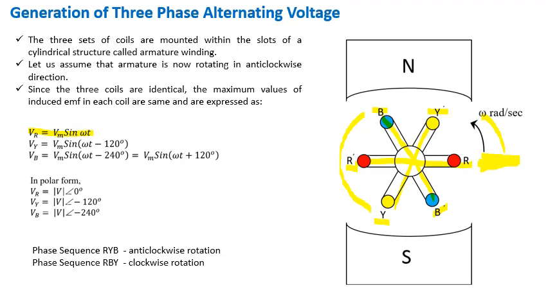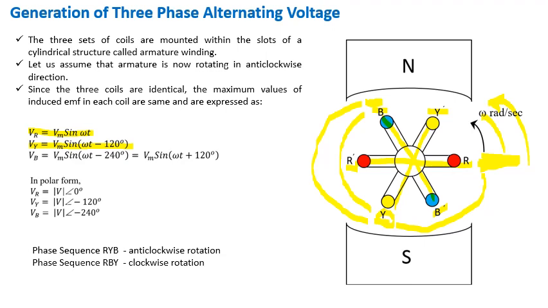Since the Y phase is lagging behind the R phase by 120 degrees, Vy will be represented by Vm sin omega t minus 120, because when you assume that the coil is rotating in anti-clockwise direction, and Vr is the reference, the next starting end of the coil, Y, is going to attain the R position, and similarly the B conductor will attain the position of Y. It means the EMF induced in the R phase will be maximum first.